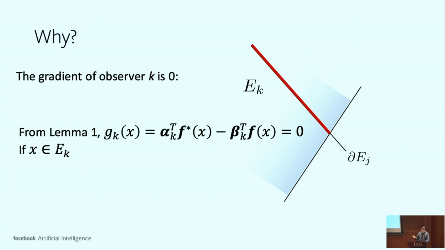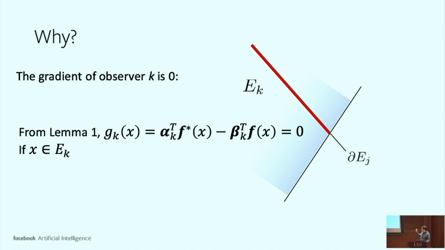Why is that the case? Here's a very simple sketch of the proof. First of all, because the input gradient of the observer is 0 as well, from this lemma, the gradient of this observer can be represented as a linear combination of the activation of the teacher minus the linear combination of the activation of the student.